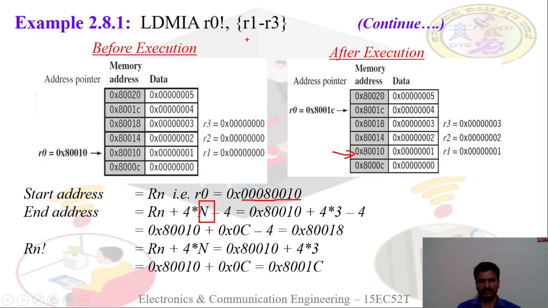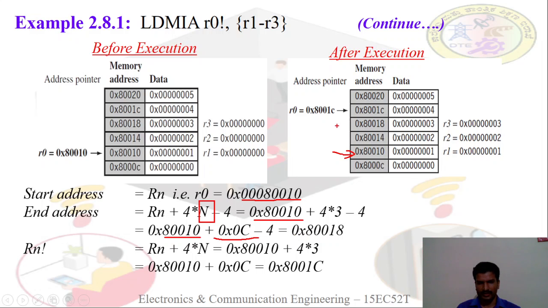there are 3 registers, so n is equal to 3. So Rn plus 4 into n minus 4. Rn, that is R0, contains the value 80010, plus 4 into 3 minus 4. 4 into 3 means 12, that is the decimal value, in hexadecimal it is C, minus 4, so you will get the answer 80018.